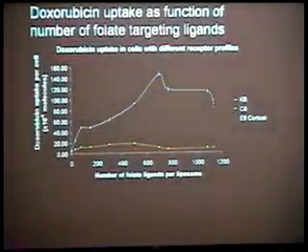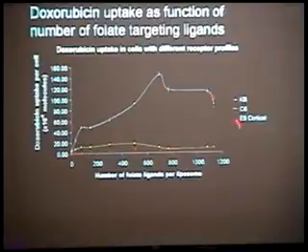Cell culture details, okay. So we did this on 3 different cell lines. KB cells, which are positive control, I guess they overexpress folate. A C6 glioma, and an E9 cortical cell line, which expresses 0 folate receptors.